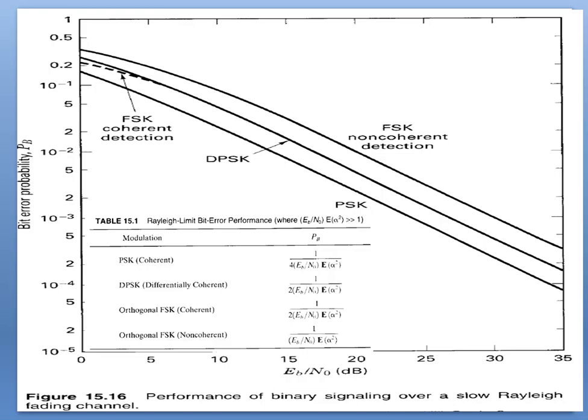For PSK, the probability of error is 1 over 4 Eb/N0 times E of alpha squared, and similarly for DPSK and orthogonal FSK, coherent and noncoherent. Observe that the probability of error decreases as Eb/N0 increases, which can be seen in figure 15.6.